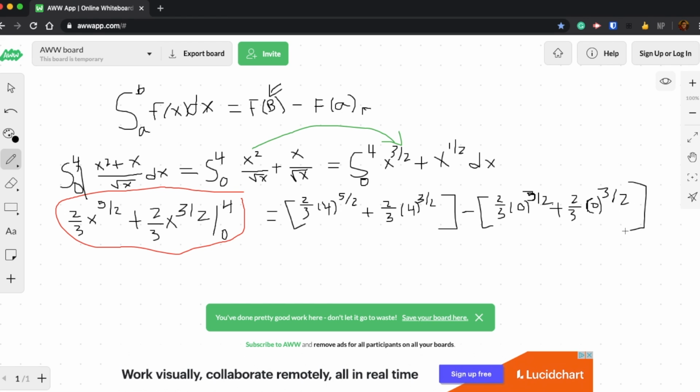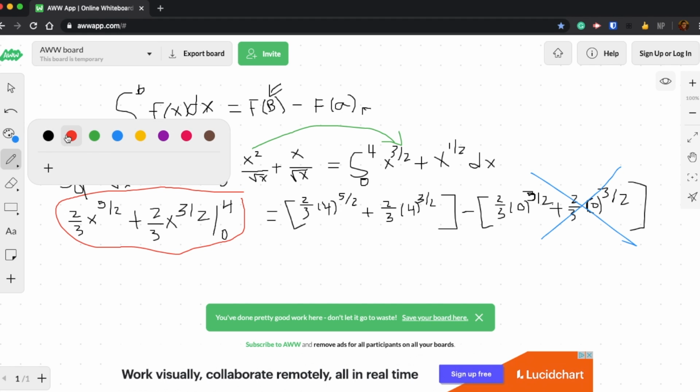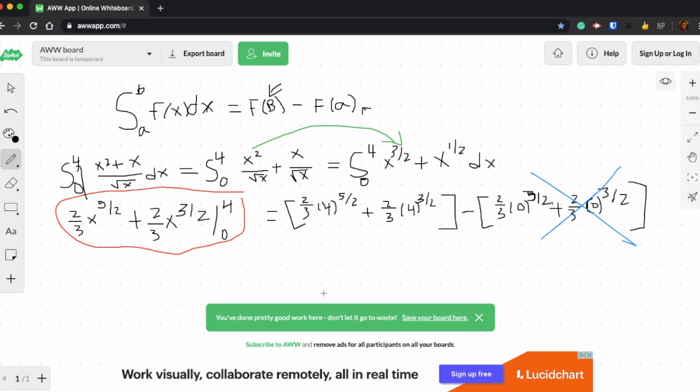And obviously, since these are going to be 0, this would cross out. And now we just evaluate this. When I put it into my calculator, I get 64/5 plus 16/3. You can leave it like this, you don't really have to simplify.